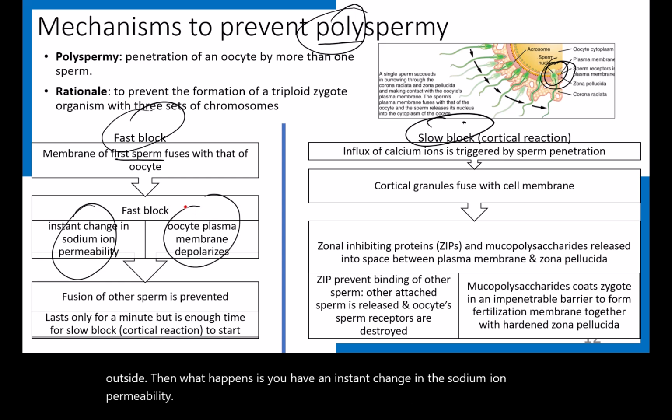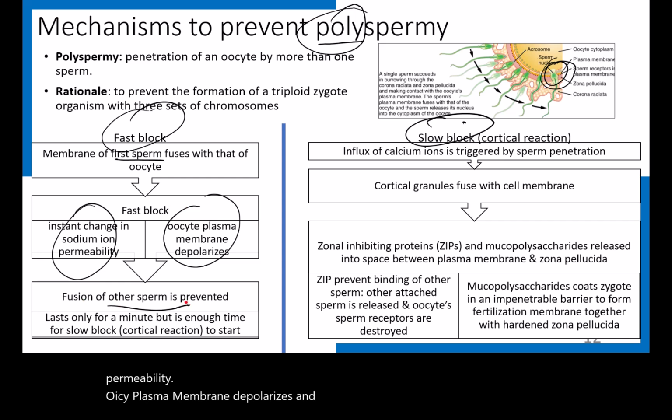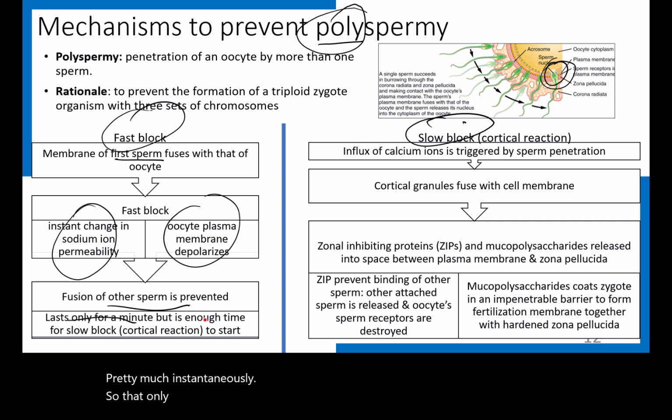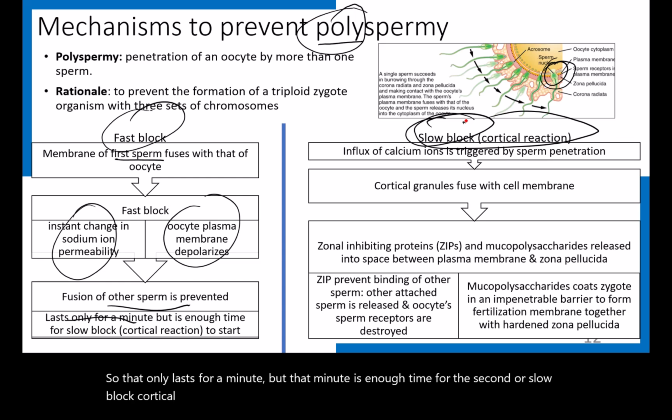The oocyte plasma membrane depolarizes, and it stops other sperm from entering through. So it's a fast block because it happens pretty much instantaneously. That only lasts for a minute, but that minute is enough time for the second or slow block, the cortical reaction, to get triggered.